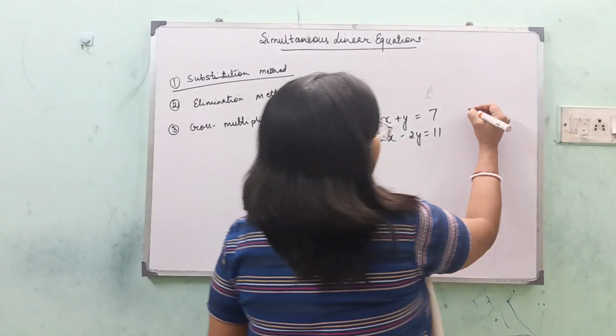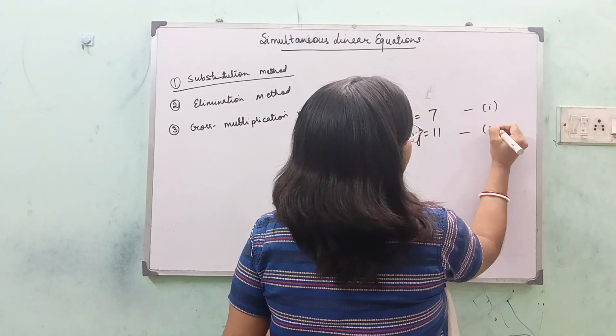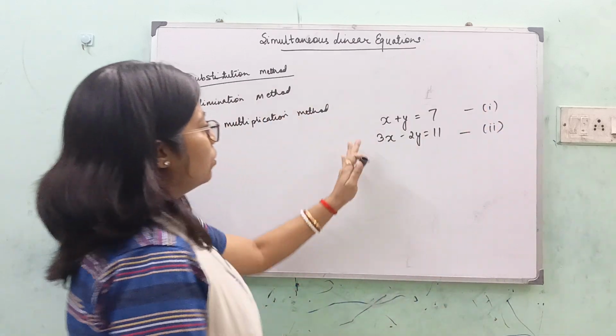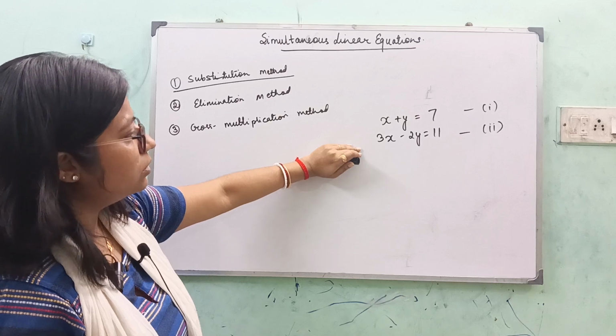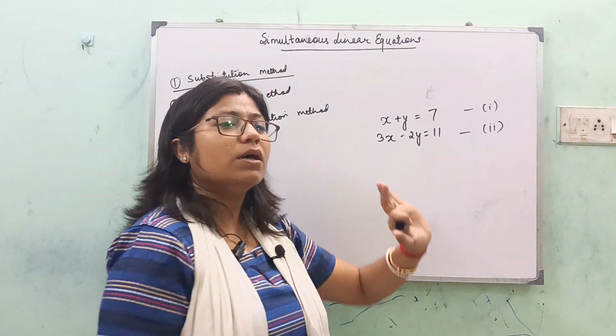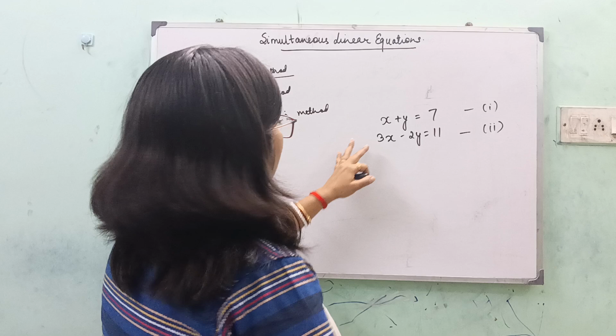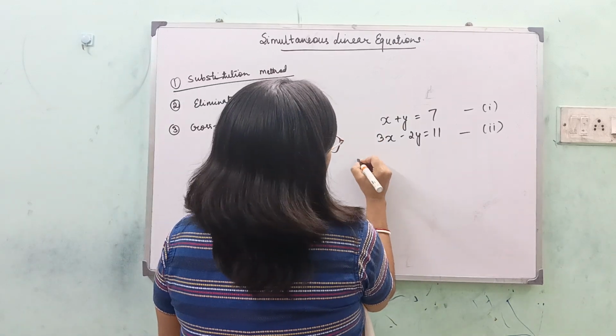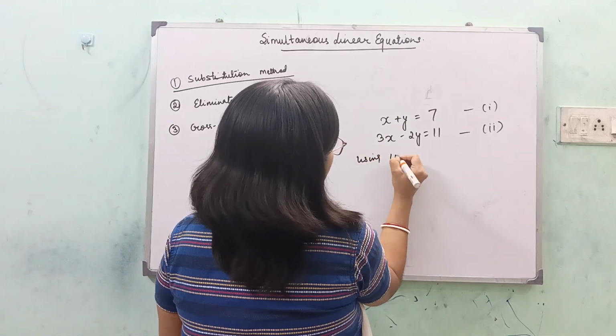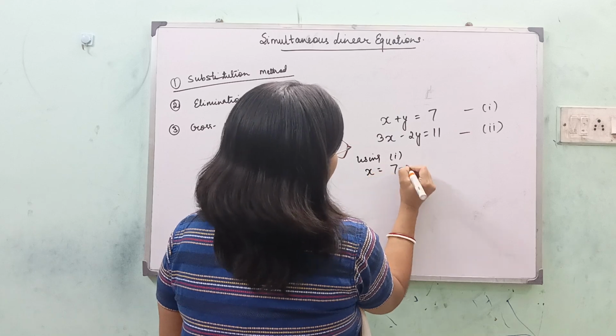So number the equations. Numbering the equations will help you a lot. Now what do you want to substitute? Always go for the simple equation where substitution becomes easier. So I will use 1. So using 1, x is equal to 7 minus y.